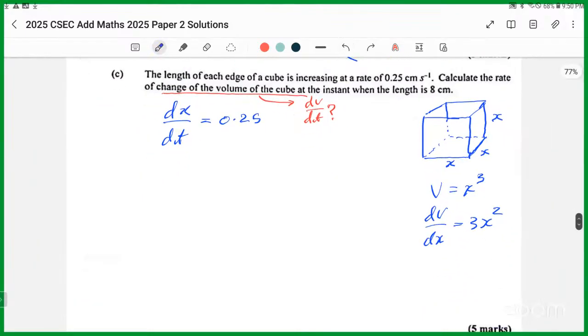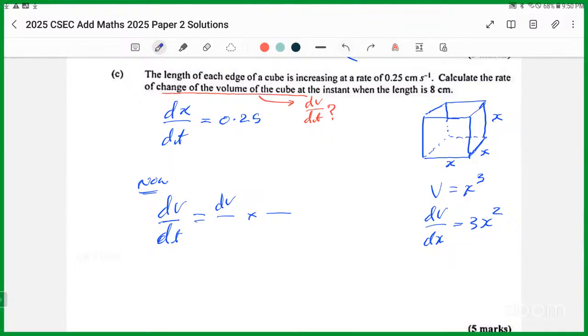So when I set this up, the dV by dt that we want, out of a formula connecting V to t, we're going to have to connect the rates of change that we have. It becomes the product of two rates of change. dV goes on top of the first one here. dt goes on the bottom of the second one over here.